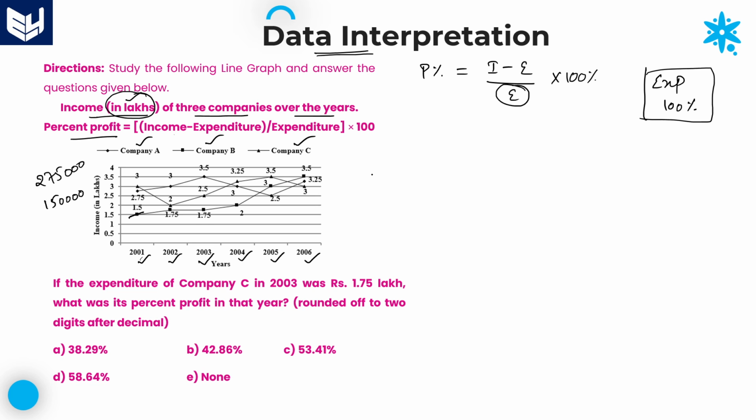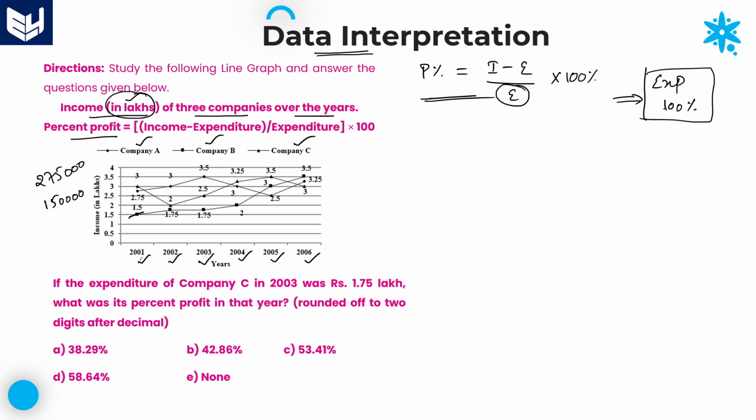These are a few important techniques that you need to keep in mind before going to the problems. First, read the information carefully, and once you understand the information, take expenditure as 100 percentage by default, for each and every question, not for a single question.